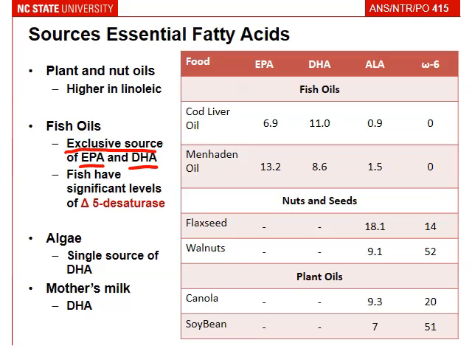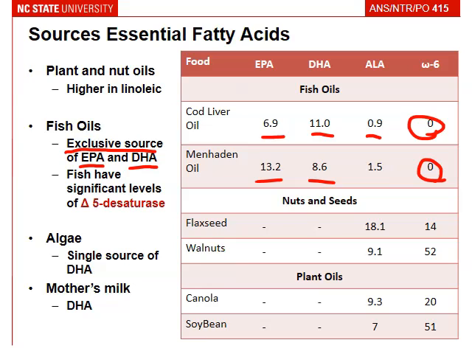We have cod liver oil: EPA 6.9%, DHA 11%, ALA, alpha-linolenic acid, 0.9%, no omega-6. Our menhaden oil is pretty similar, with more EPA than DHA, low levels of alpha-linolenic acid, and zero omega-6. Now, you do not have to regurgitate these numbers to me, but this is more or less to show you where the essential fatty acids are coming from.